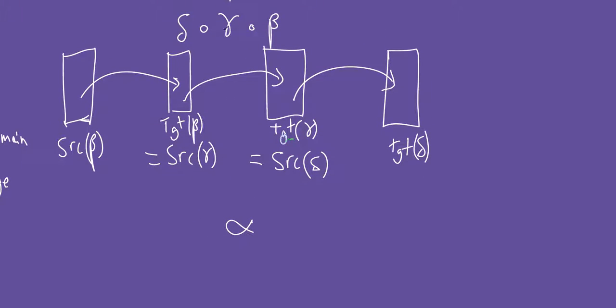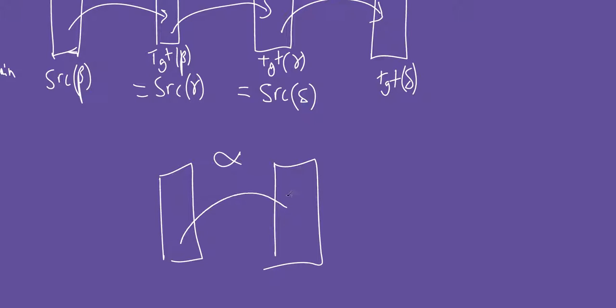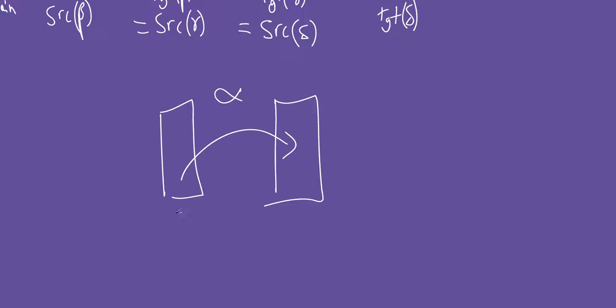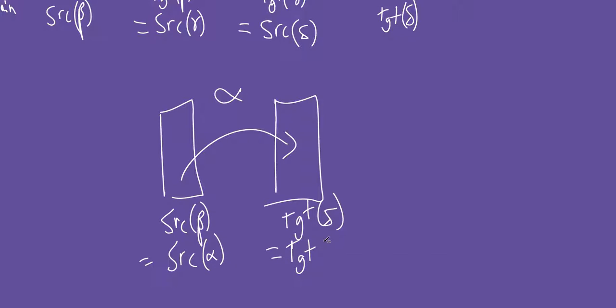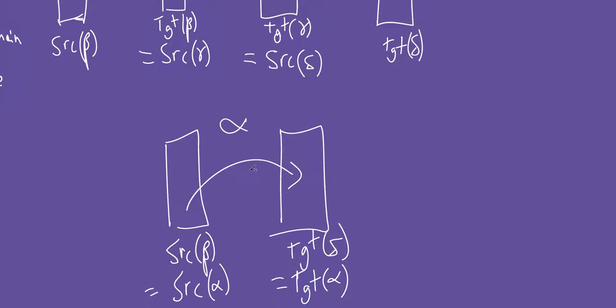Alpha is just the name of this chain, one set of arrows from the source of beta into the target of delta. Another name for this, the exact same thing, is source alpha and target alpha. And there we have it.